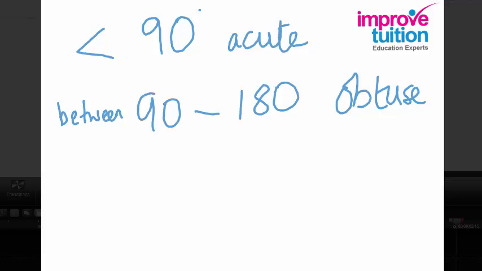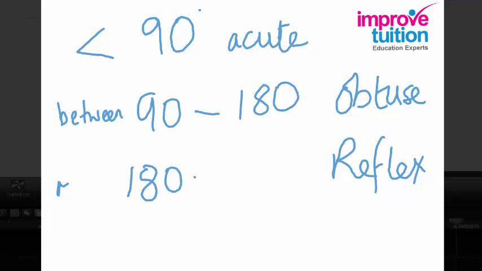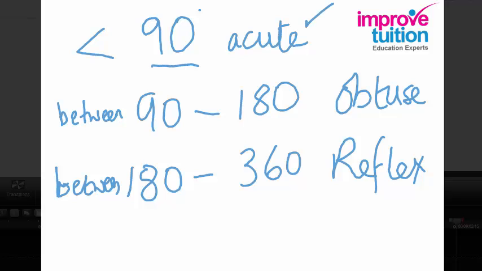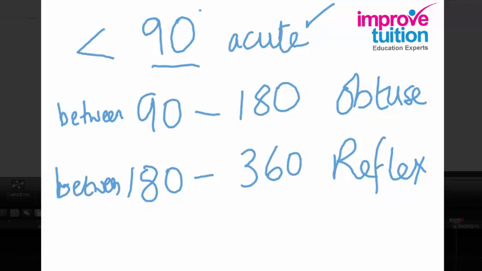So if it's more than 180 degrees, it's a reflex angle. If it's between 90 and 180 degrees, it's an obtuse angle. And if it's less than 90 degrees, then it's an acute angle.